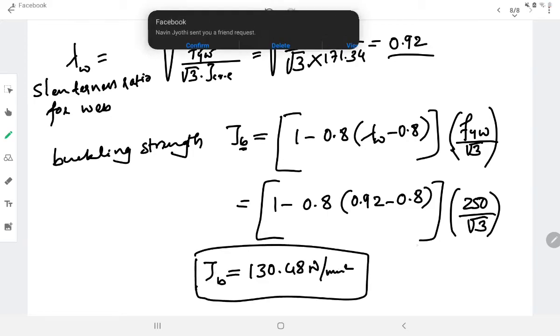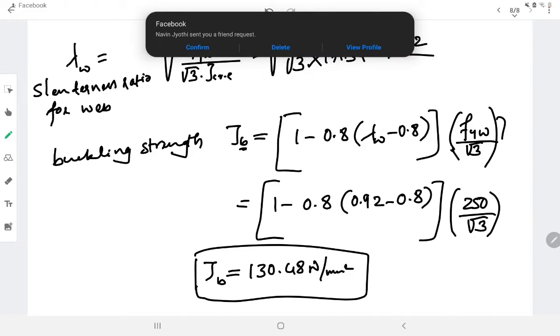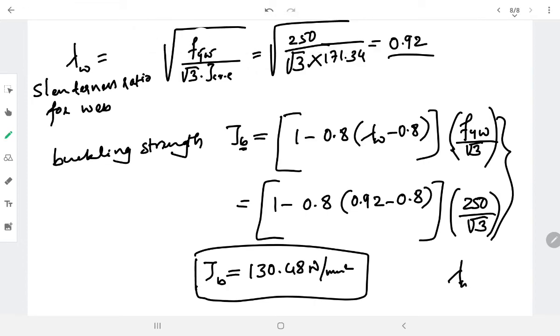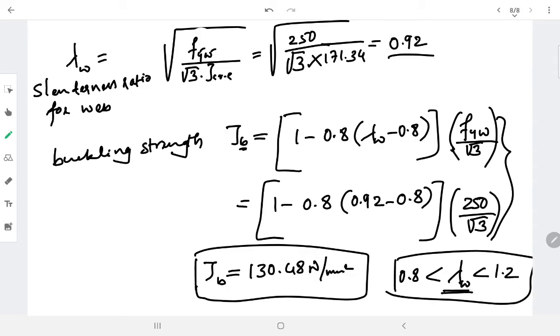So this formula holds good whenever lambda W, that is slenderness ratio, is between 0.8 and 1.2. Here the lambda W I have got is 0.92, so it is in between 0.8 and 1.2, and I can go for this formula.